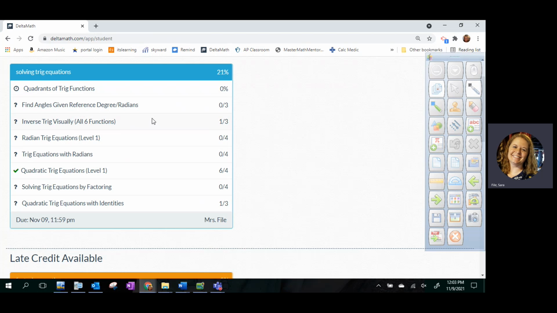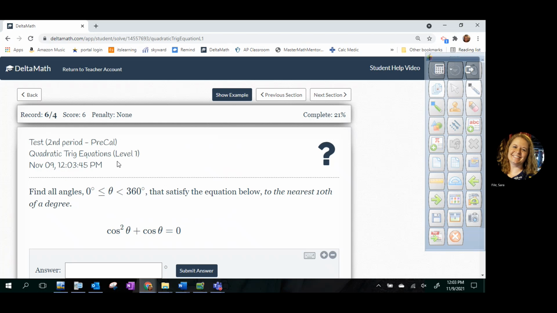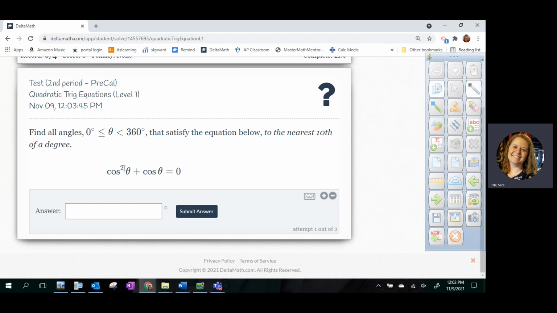Okay, when we get into the actual solving the equations, that's the last step. Okay, you have to do some algebra and solving to isolate the trig function before you're able to do the unit circle stuff. Okay, so like these last 3 sections, okay, these are all quadratics, meaning they have one of the trig functions squared.